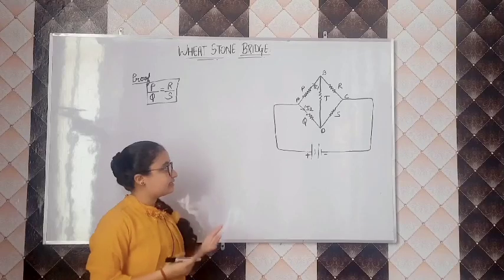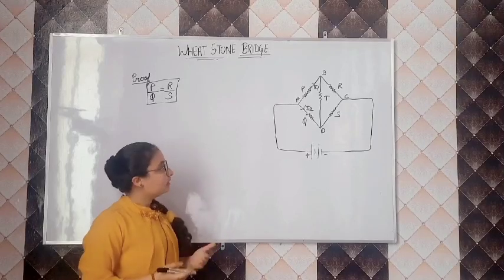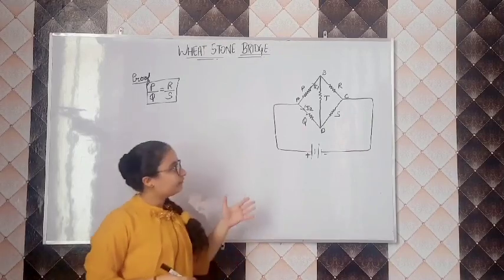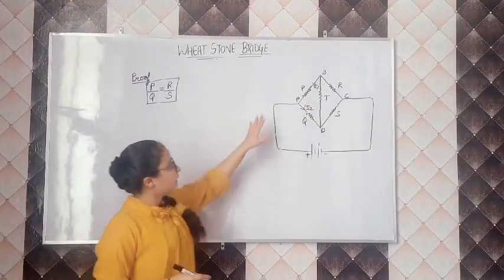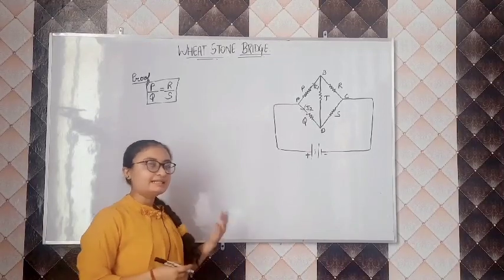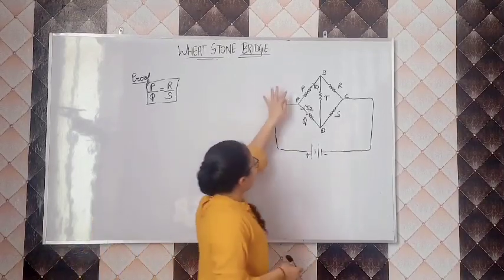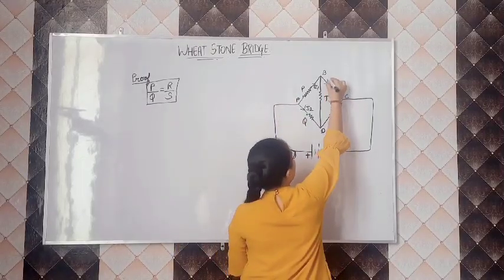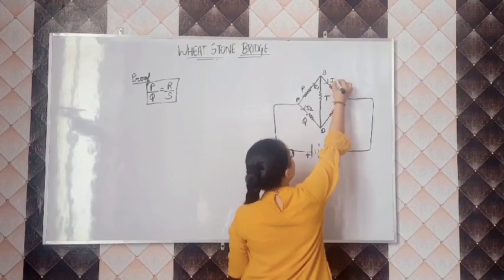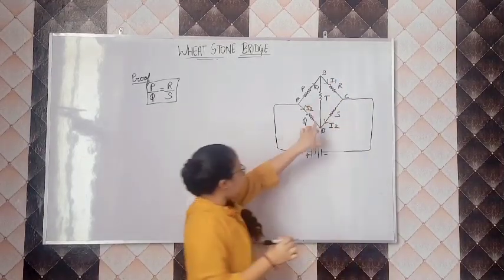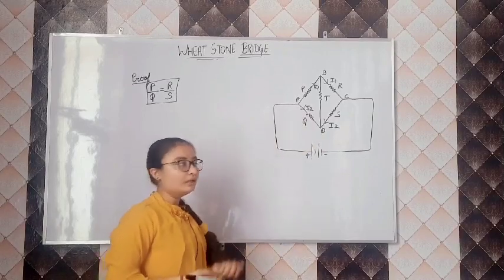So we can leave the BD wire, and now there are only 4 resistances left with us. Here the current is I1 and there it is I2. In this wire there is no current, so leave it.